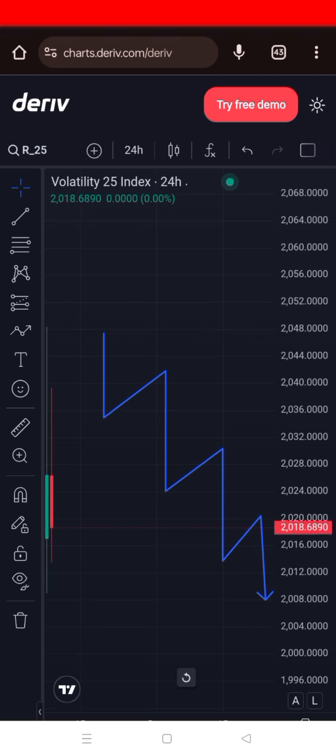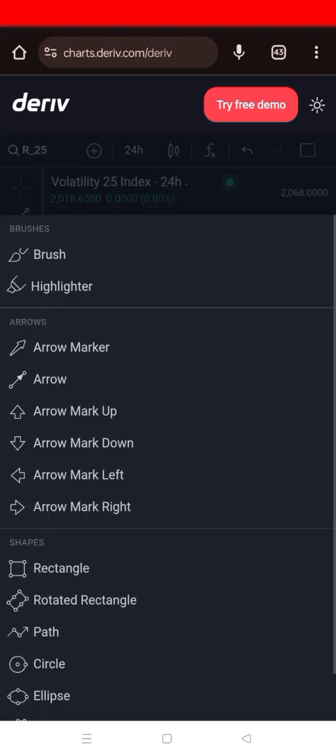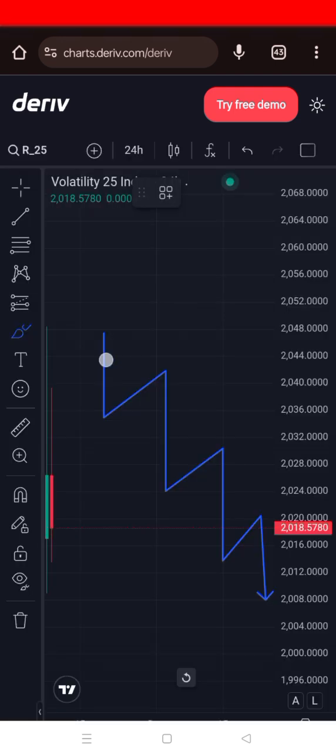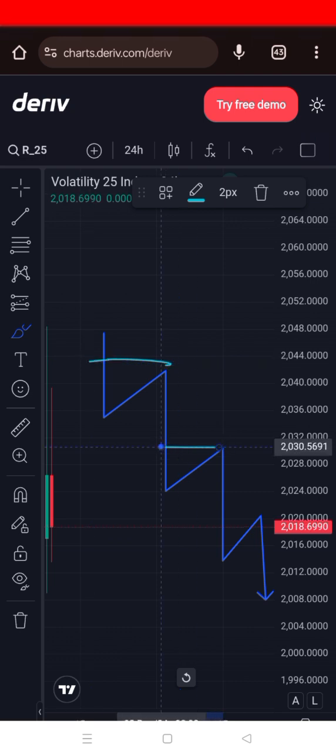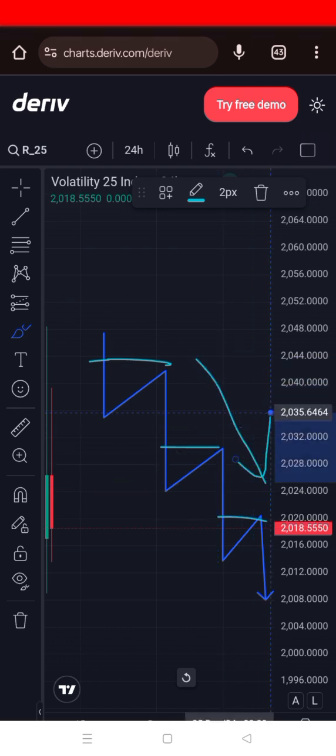And what does that mean? It shows us higher lows and lower lows, and it moves towards the downside, also making breaks of structure. We can see that this area is a break of structure, that's a break of structure, and that's a break of structure. So it shows as a downtrend.